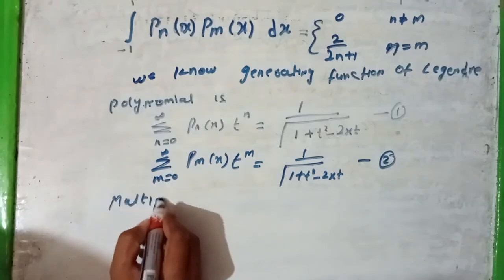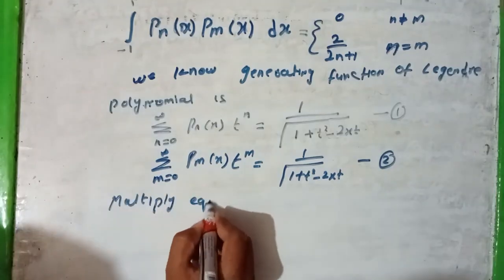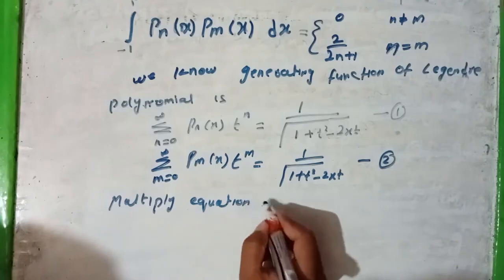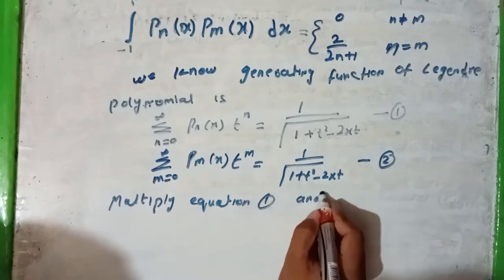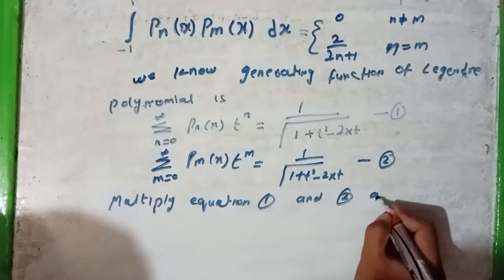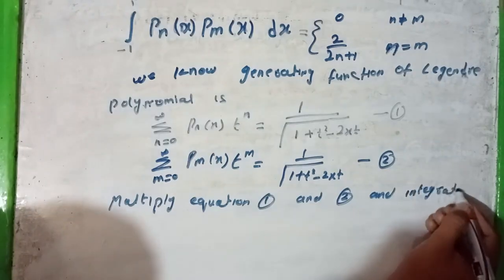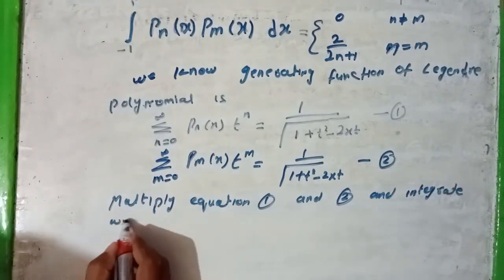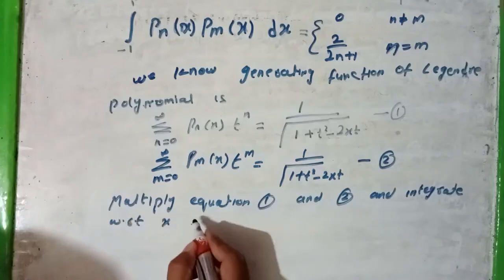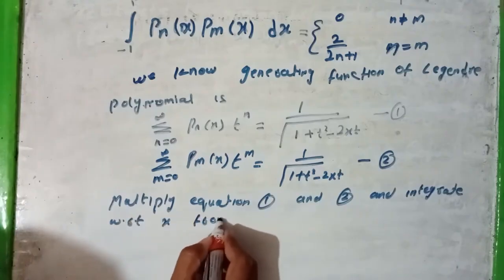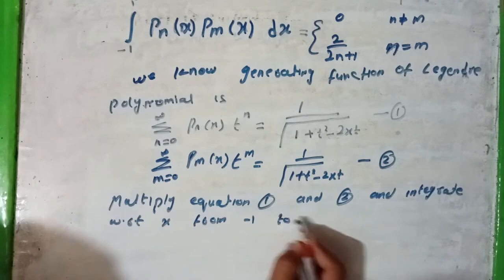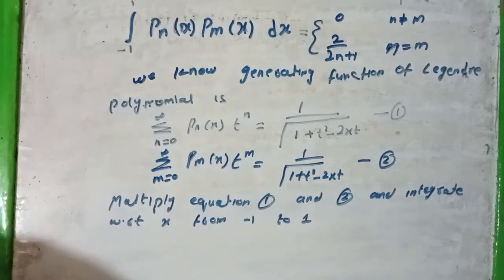Multiply equation 1 and 2 and integrate with respect to x from -1 to +1.